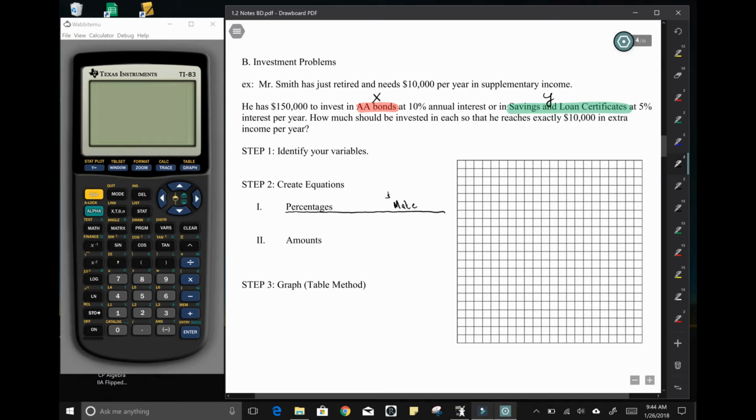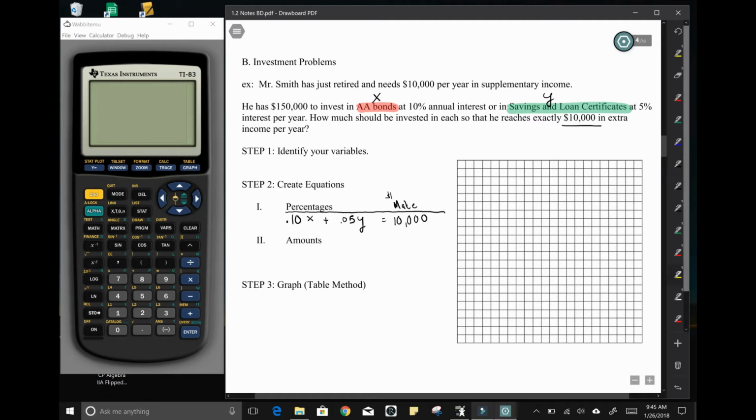So we know that he wants to make $10,000 in extra. He's going to do that by investing in bonds and savings, which come at 10% and 5%.